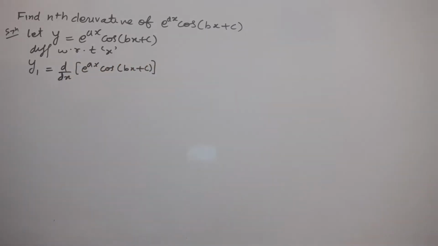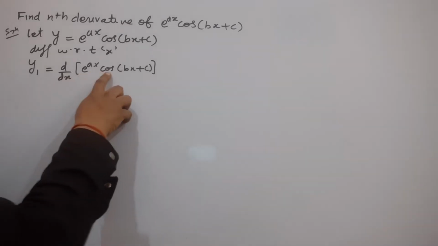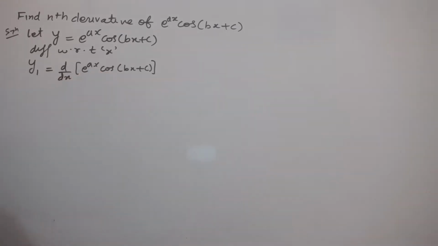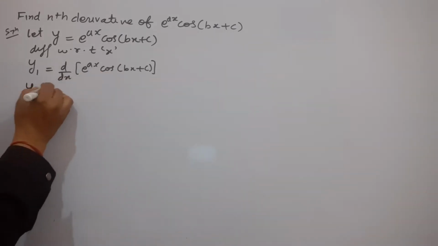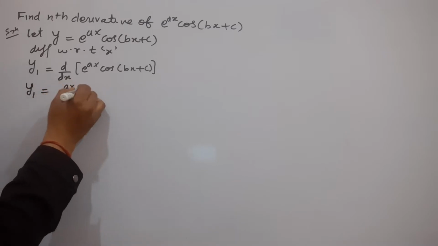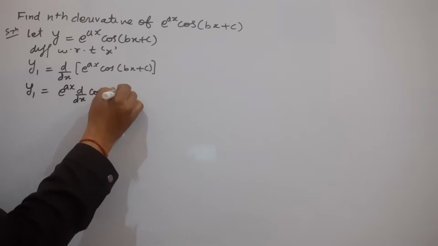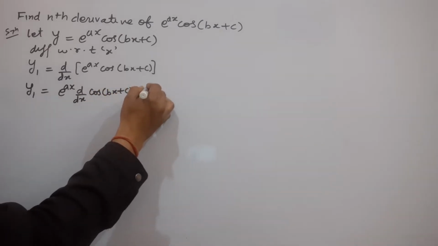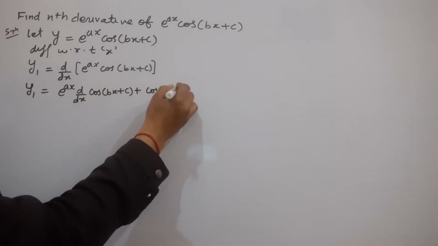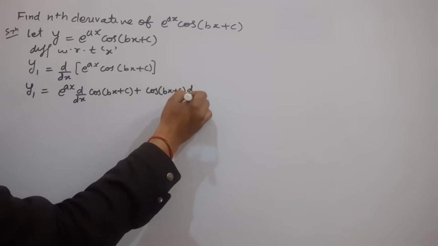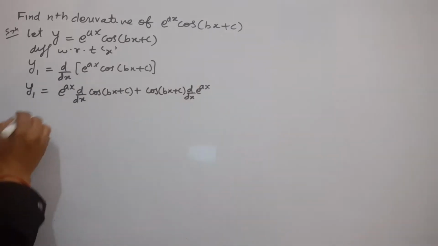Here we use the formula of differentiation for the product of two functions, that is one is an exponential function and the other is a cosine function. So we write here first function e to the power ax, d by dx of second function, that is cos(bx + c), plus second function cos(bx + c) and d by dx of first function, that is e to the power ax.